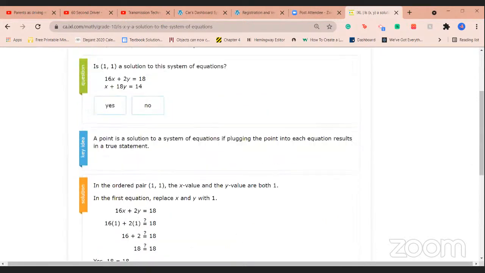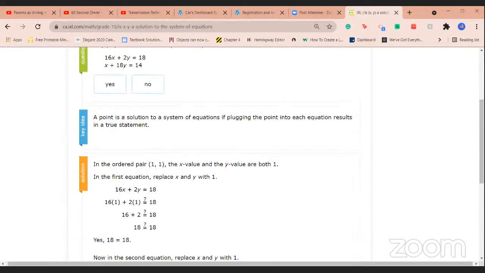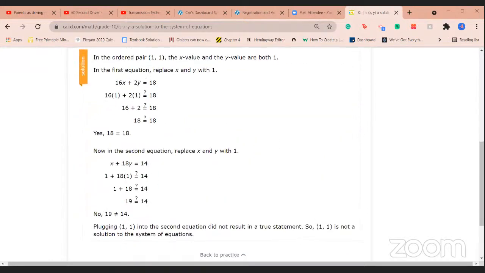It's asking, is 1, 1 a solution to the system of equations? So it's saying is the x in the equation equal to 1 and is the y in the equation equal to 1? Yes, so you have to sub 1 and 1 into the equation.